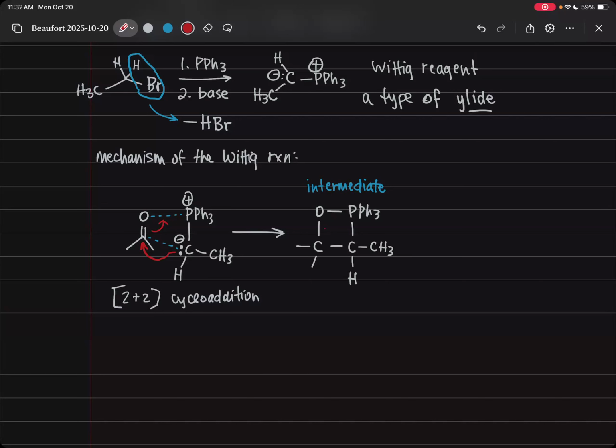So we're going to make a double bond between the oxygen and the phosphorus, and we're going to make a double bond between carbon and carbon.